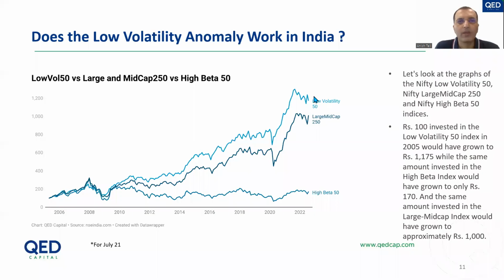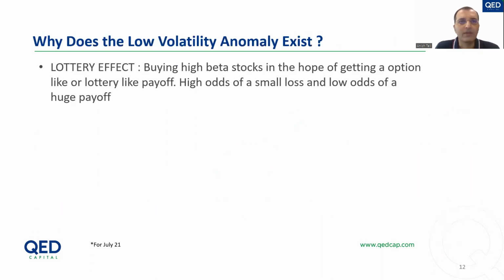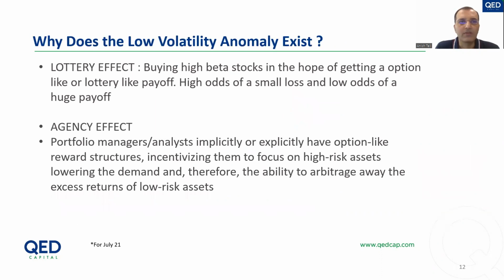So just a very quick recap of what we've looked at earlier. This is the performance of the low vol 50 index versus the high beta index, and we've seen how low volatility stocks generally, on average, outperform high volatility or high beta stocks. Then we looked at why the low volatility anomaly exists. Why is it not arbitraged away?